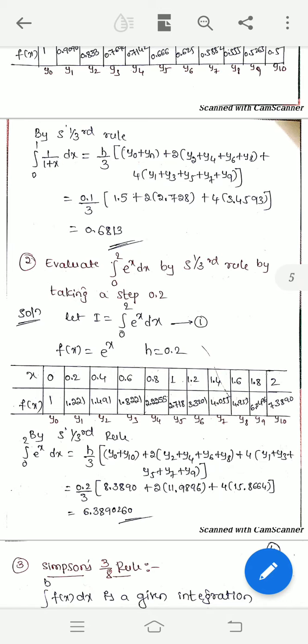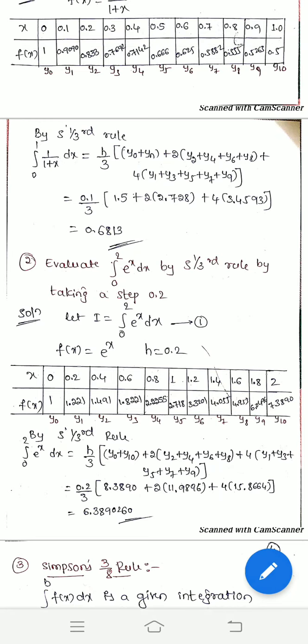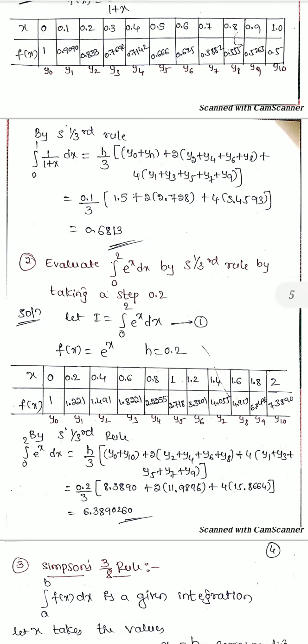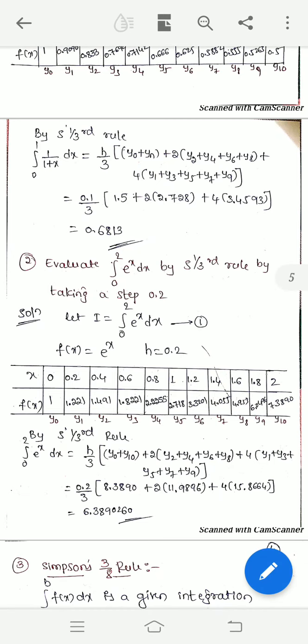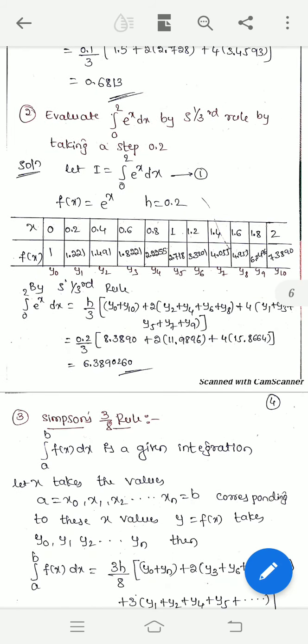Calculating these values, the given integral from 0 to 1 of 1 divided by 1 plus x dx is 0.6813.